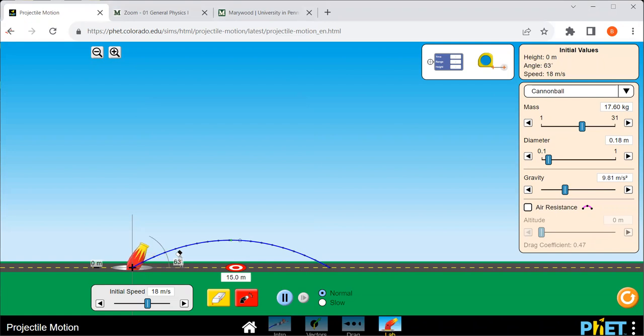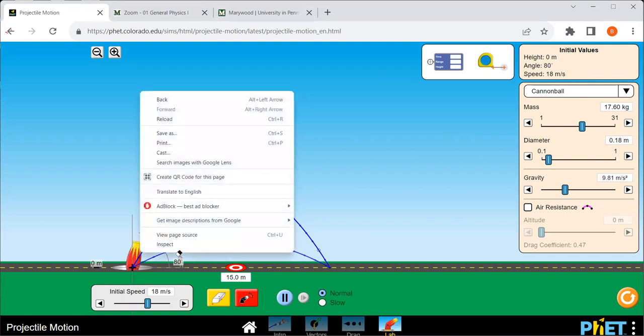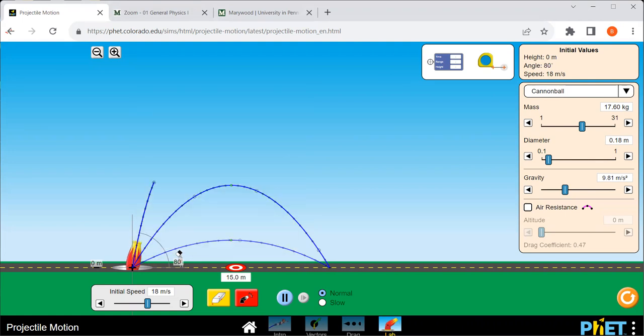Now I change it to 60. You see that for 30 degrees and for 60 degrees, we get the same horizontal range. And let's say 75 degrees or 80 degrees. So this is 80 degrees.